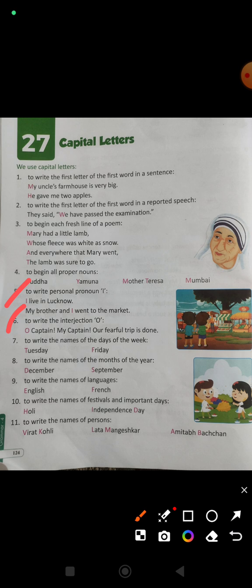As you can see here in the example, Oh captain, my captain, our fearful trip is done. As you can see here, they make O capital.